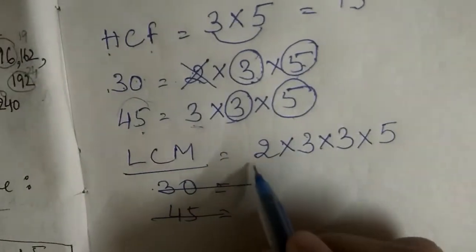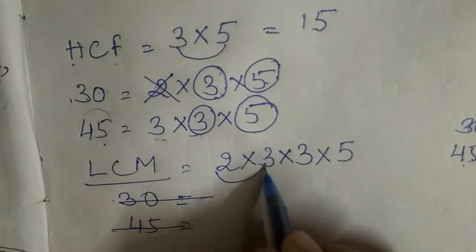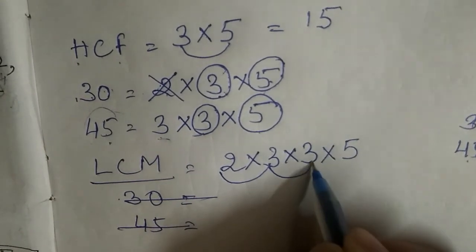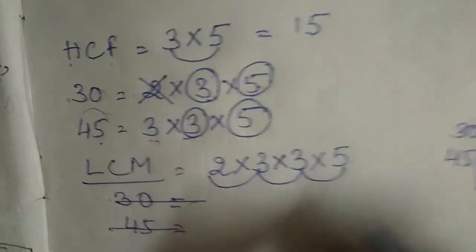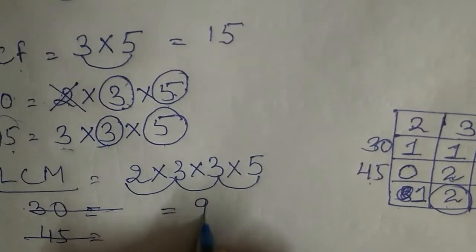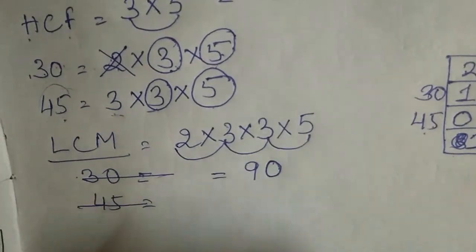So 2 3s are 6, 6 3s are 18, and 18 5s are 90. So what will be the LCM? LCM will be 90. Am I clear?